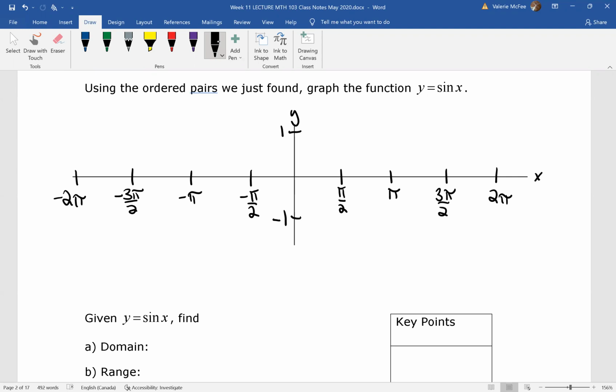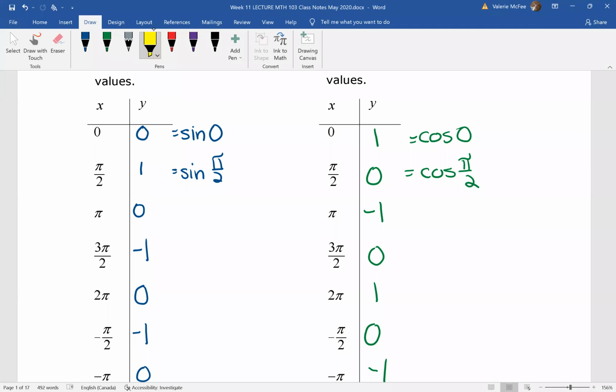Now I'm going to suggest that the most important point for our graph y equals sine of x is the y-intercept. Can you find the y-intercept? Our y-intercept, of course, is found by letting x equal 0. So we have our y-intercept here. I'm going to strongly suggest that you memorize this point.